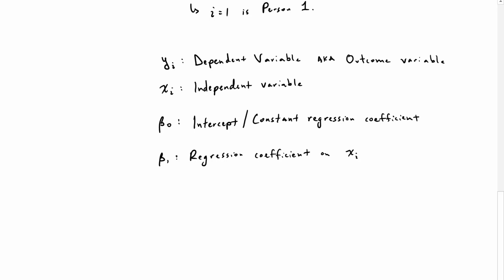So what's the effect of health insurance on health? Beta 1. Beta 1 is the effect of health insurance on health. Remember from our previous video that we can think about beta 1 as the change in y over the change in x. So how much does health change whether or not you have health insurance?